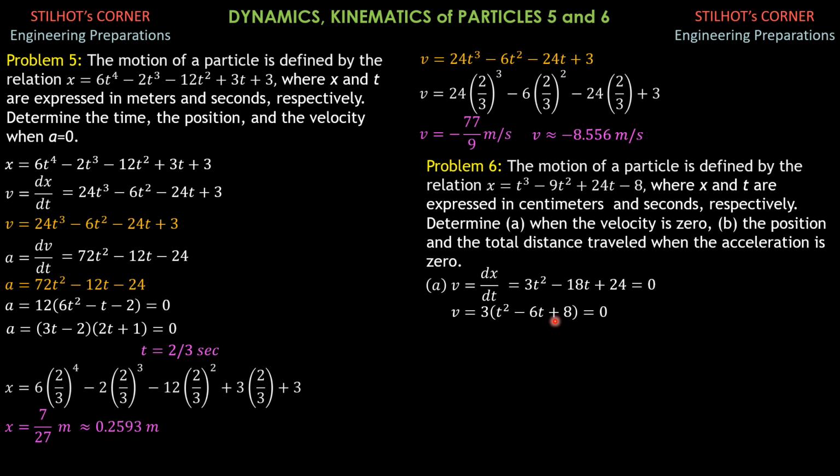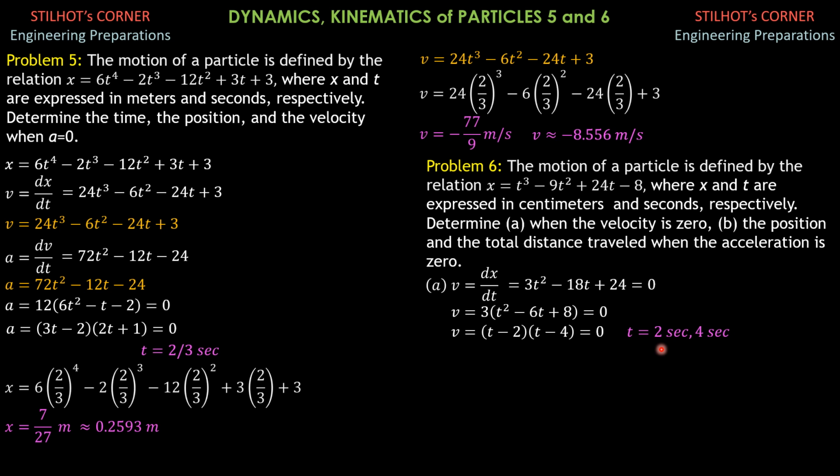And the factors would be t minus 2 and t minus 4 equals 0. So the velocity is 0 when time is 2 seconds and when time is 4 seconds.